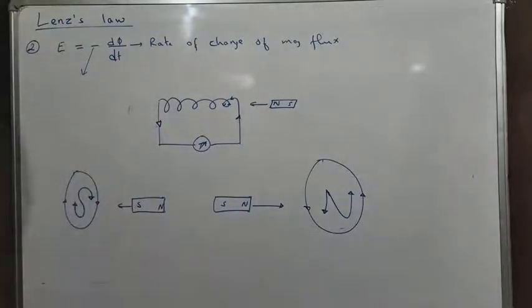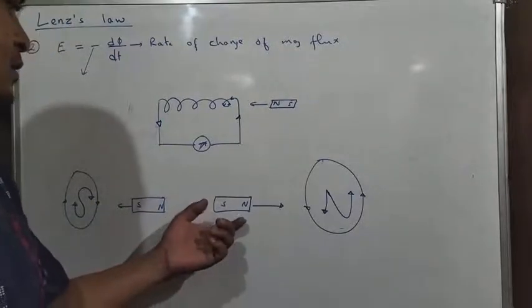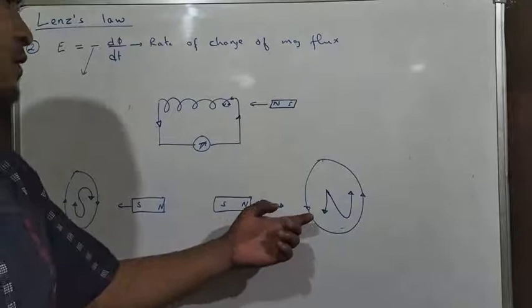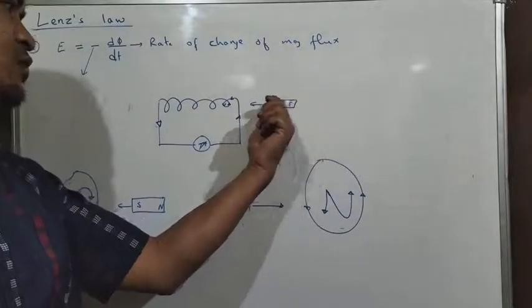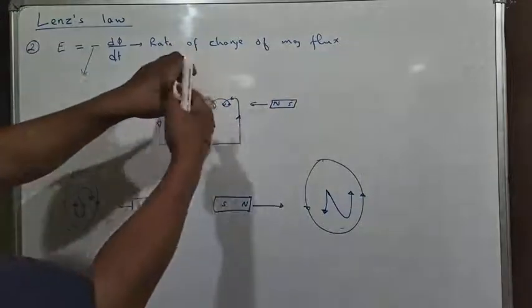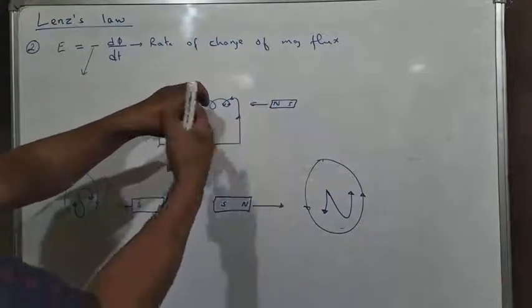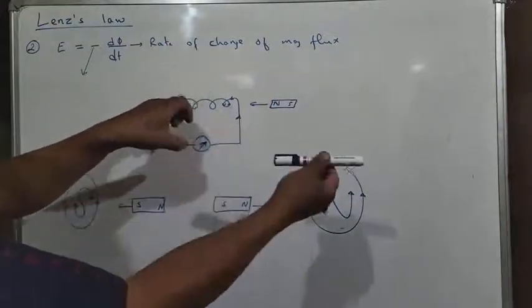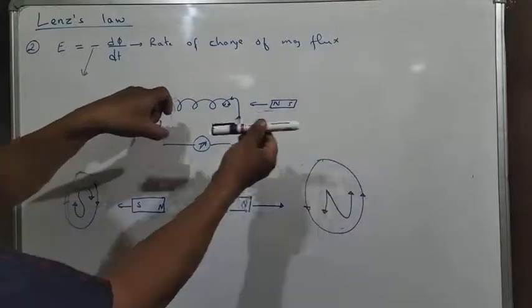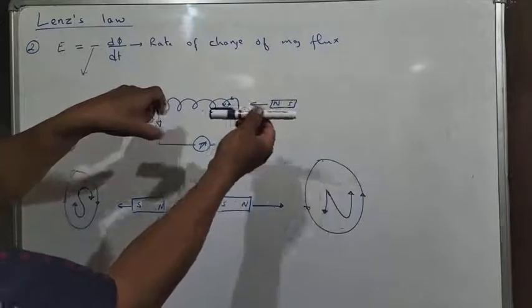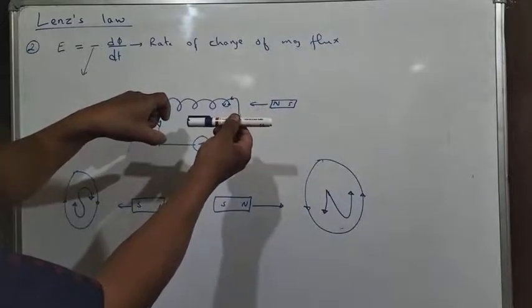Because this is a north pole, if you move the magnet towards the coil, then this face of the coil behaves as a north pole. So this north pole of the coil will now try to oppose the incoming north pole of the magnet.